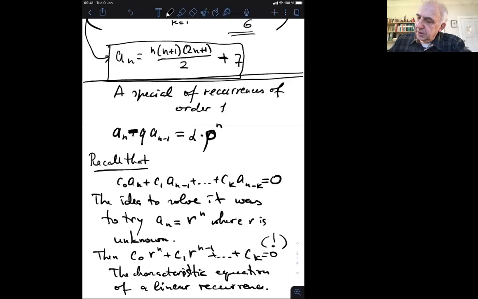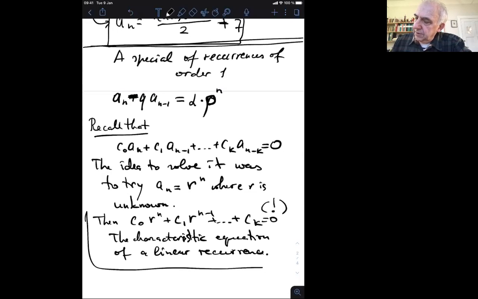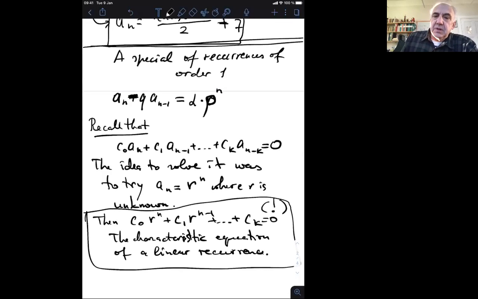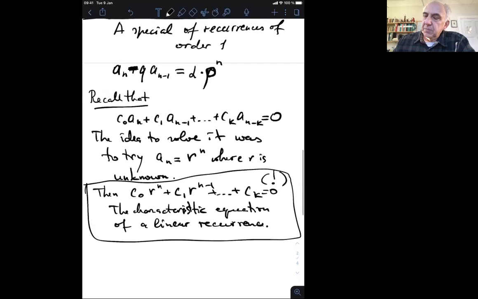Okay, and if it turns out that this characteristic equation has a number of distinct solutions equal to its degree, then we can at least formulate the general formula, which will work over the complex numbers.